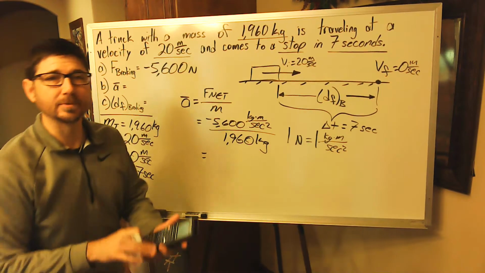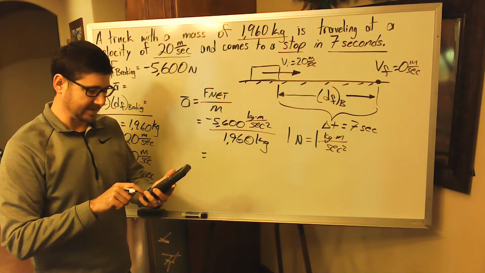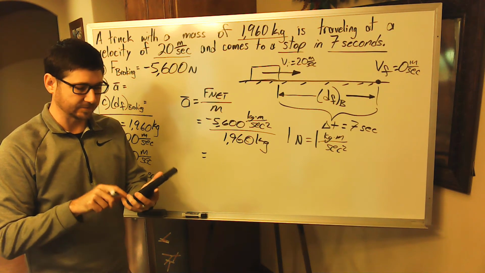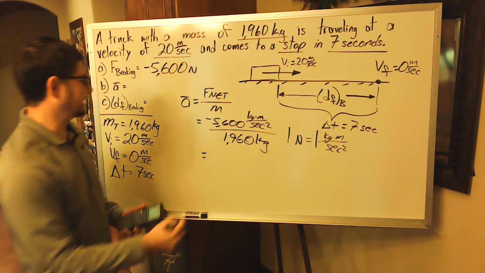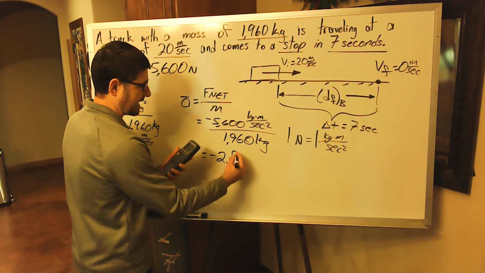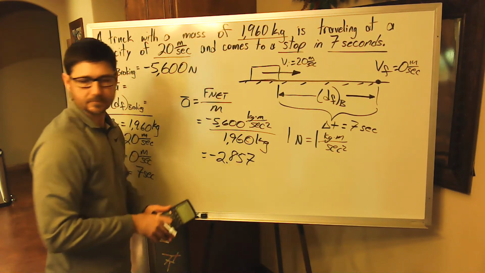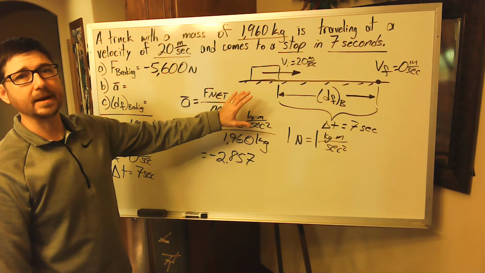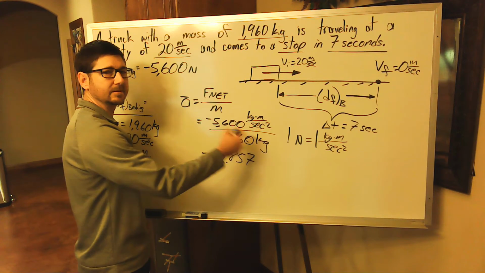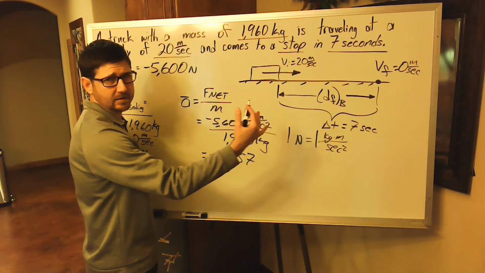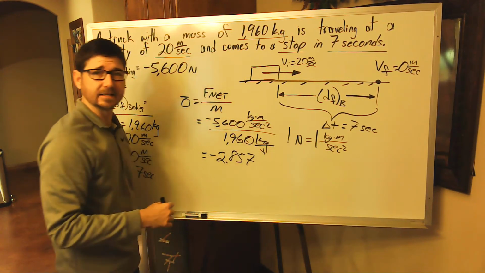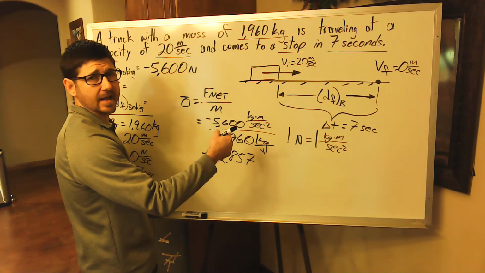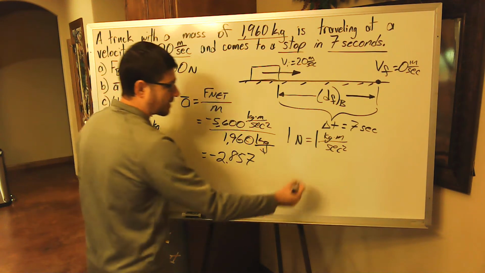Let's talk about the numerical value first. I have negative 5,600 divided by 1,960. This is going to give me negative 2.857. Now let's take a look at our units. In my numerator, I have kilogram meters per second squared, and in my denominator, kilograms, which algebraically we can write as kilograms over 1. When we divide fractions, it's like multiplying by the inverse of the denominator.